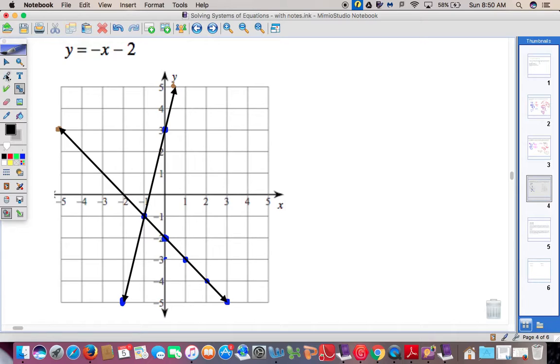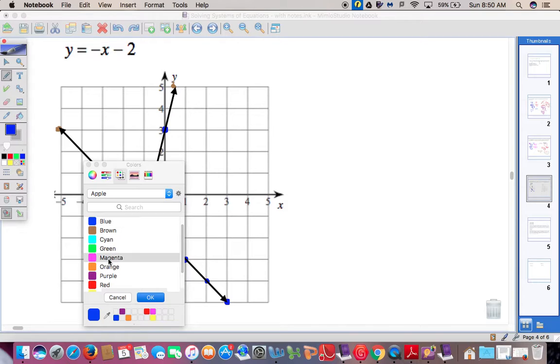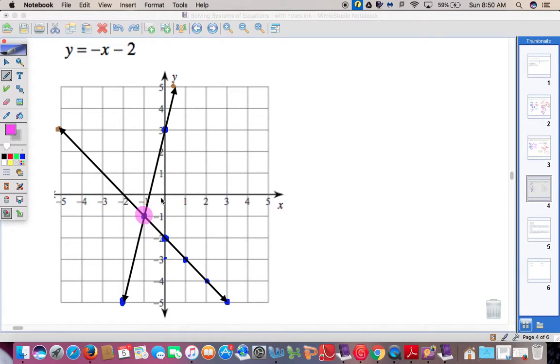Okay, so my solution is where the 2 lines intersect. So my solution is right here, that ordered pair right here. So my ordered pair there is, my x value is at negative 1, my y value is at negative 1. So the ordered pair negative 1, negative 1 would be my solution.